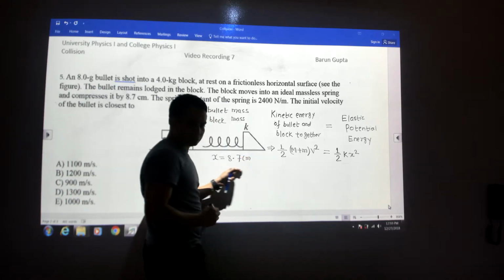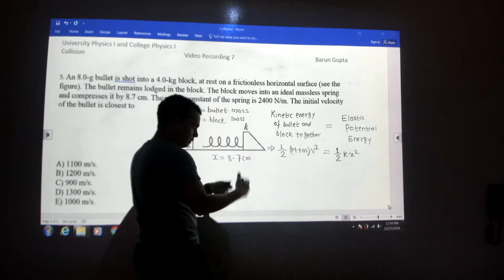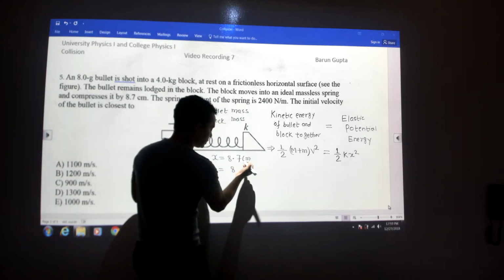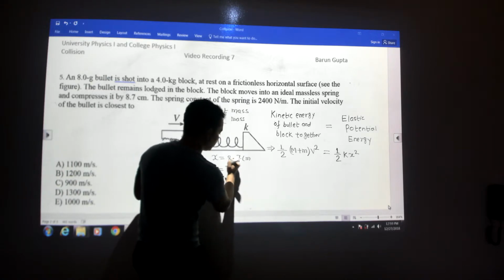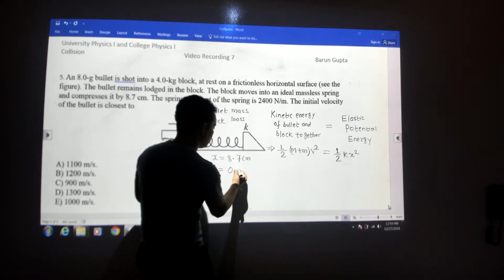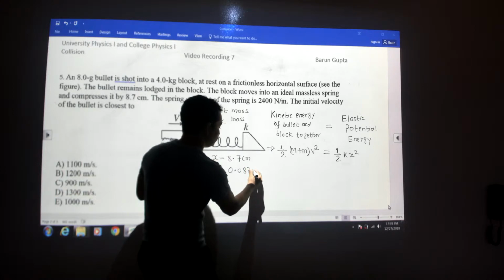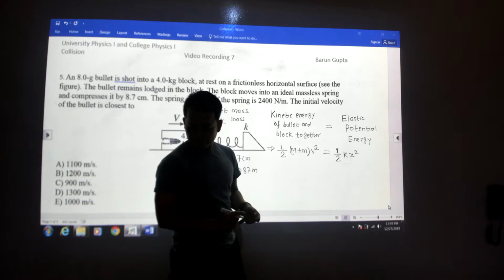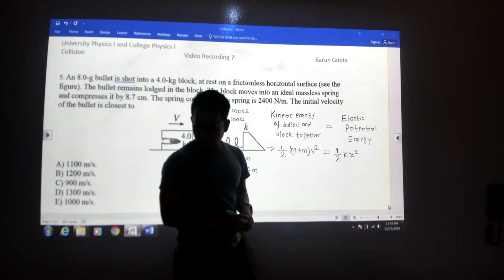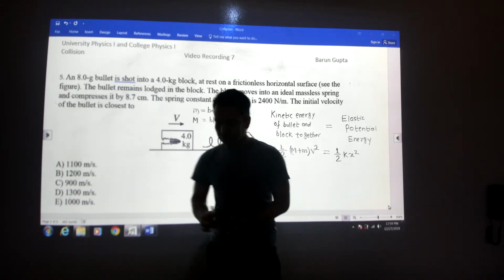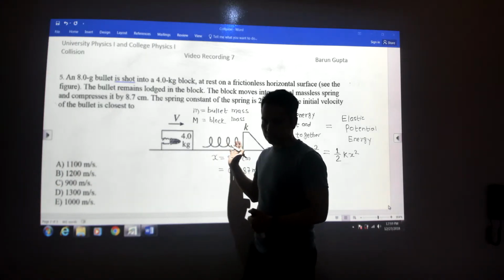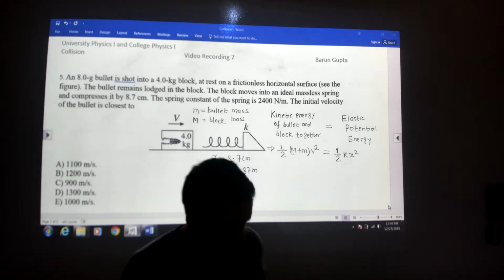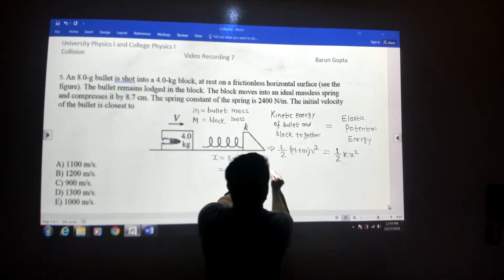You need to change this to meter because everything has to be in the SI system. In order to change to the SI system, you just have to divide it by 100. Once you divide it by 100, you get 0.087 meter. So now just plug all the values into this equation.